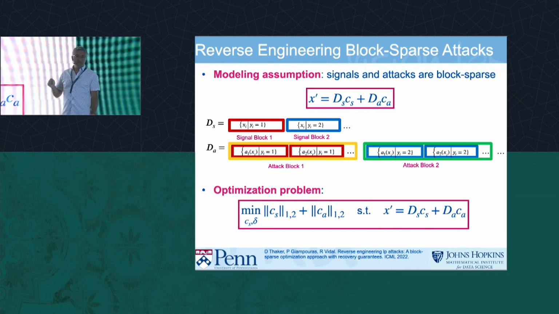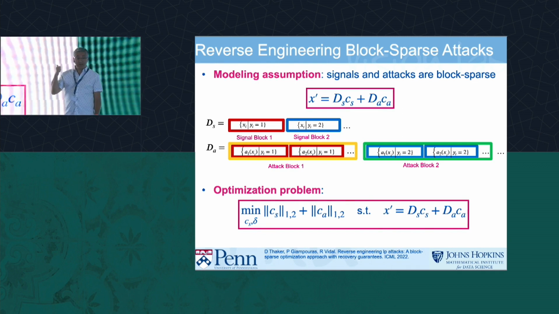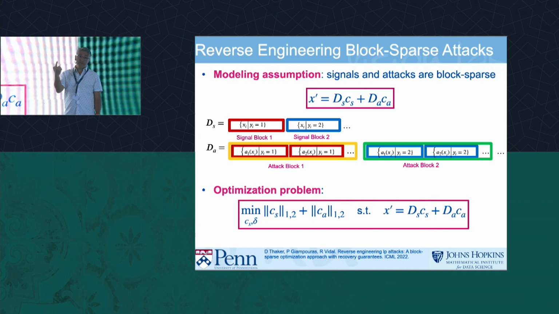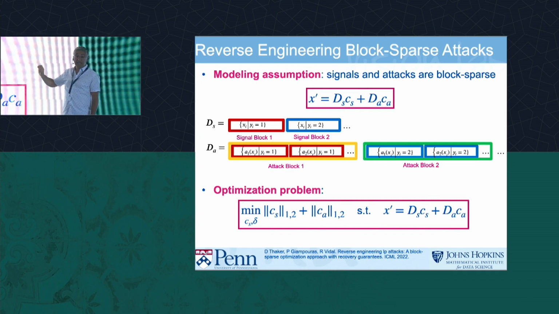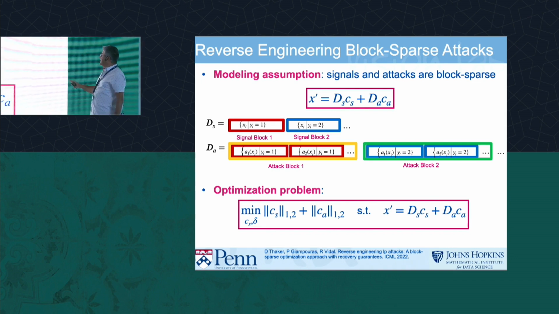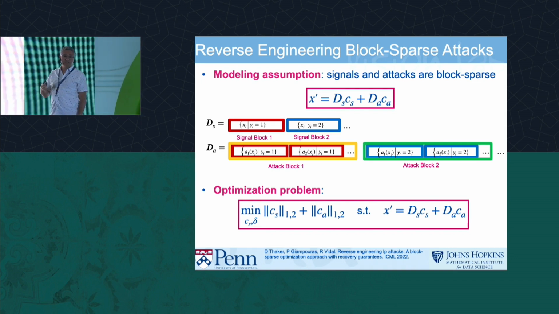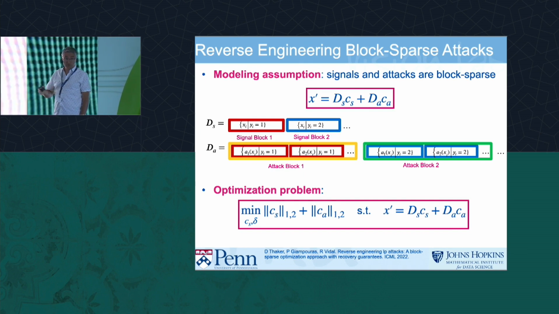And likewise, the attack needs to come from the correct attack family, but also from the correct class. So the CA actually has this two-block structure, as I mentioned earlier. And this 1,2 norm is nothing but the sum of the two norms within each block.